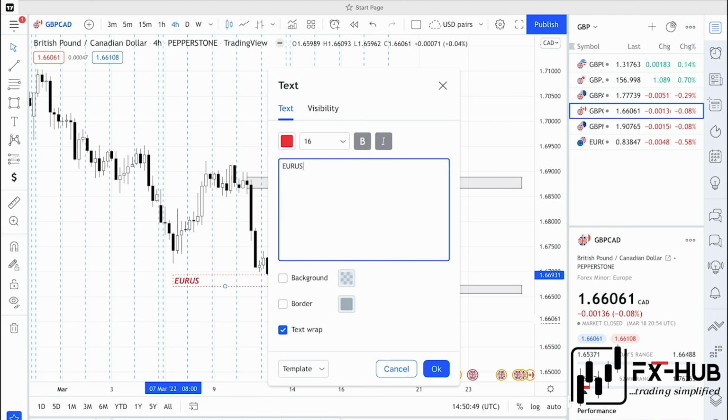We'll have the EUR USD, the USD JPY, the GBP USD, the USD CHF, the USD CAD, AUD USD, and NZD USD. So 1, 2, 3, 4, 5, 6, 7. These are the 7 major pairs you're going to come across in the foreign exchange market.